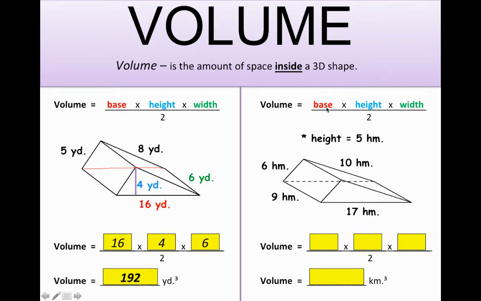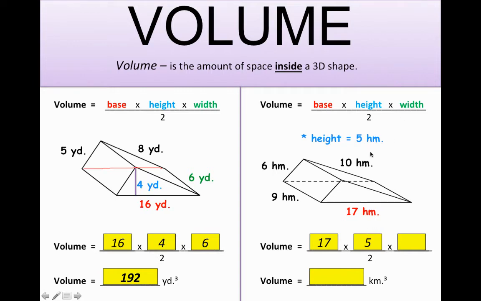All right, so the base for this one, again, we're looking for that horizontal edge, which is the 17 here. So we're going to plug that 17 into that first spot. The height, as we discussed, is actually given to us as extra information that's off the shape. So that 5 is going to get plugged in for the height.